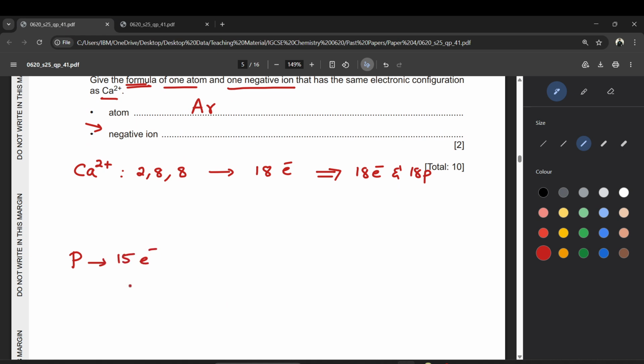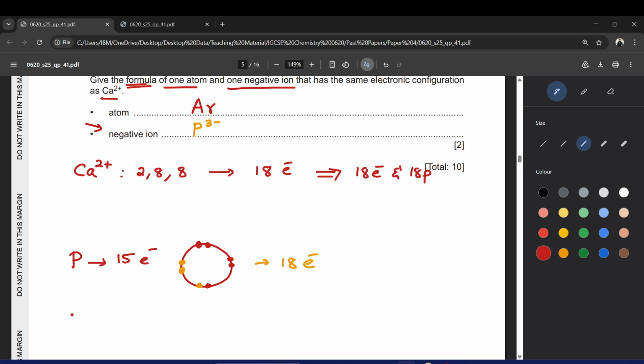That means in the outer shell of phosphorus there are 5 electrons, and it needs a further 3 electrons to complete its outer shell. So if it can gain 3 electrons, then it can achieve the electronic configuration of argon. So for this one, my answer could be P3 negative. That's one possible answer.